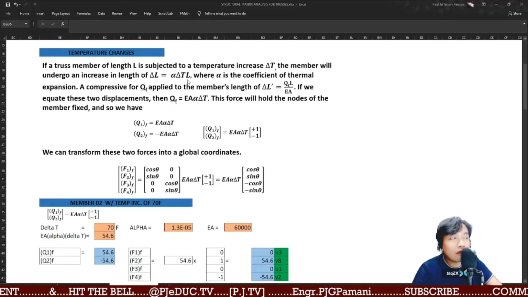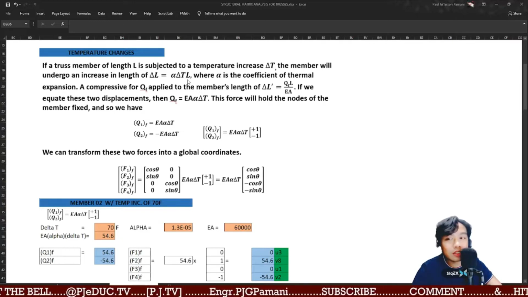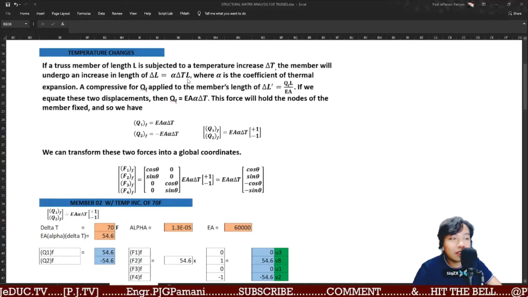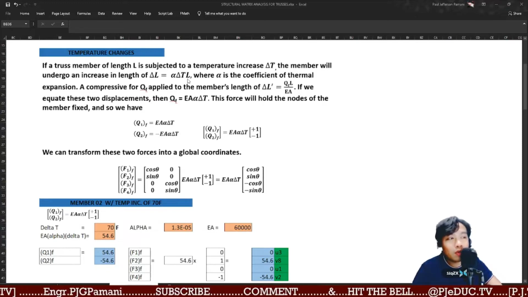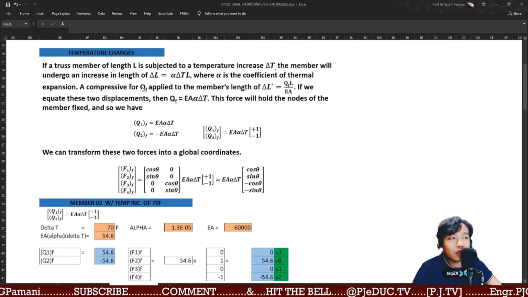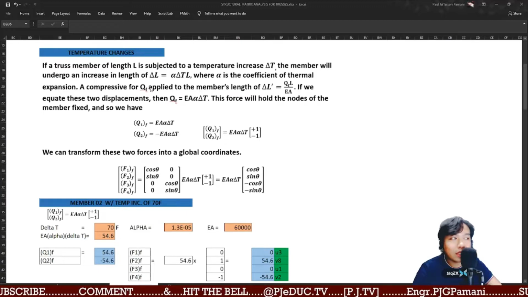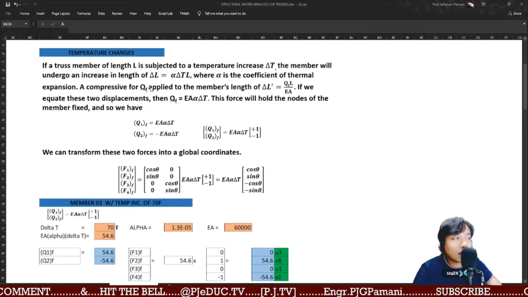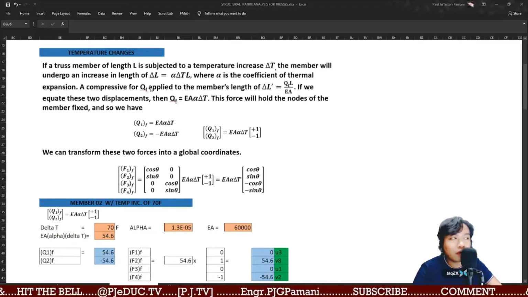Okay? Where alpha, again, is the coefficient of thermal expansion as identified for a specific material. A compressive force of Q_F applied to the member's length gives delta L prime of Q_F L over EA.